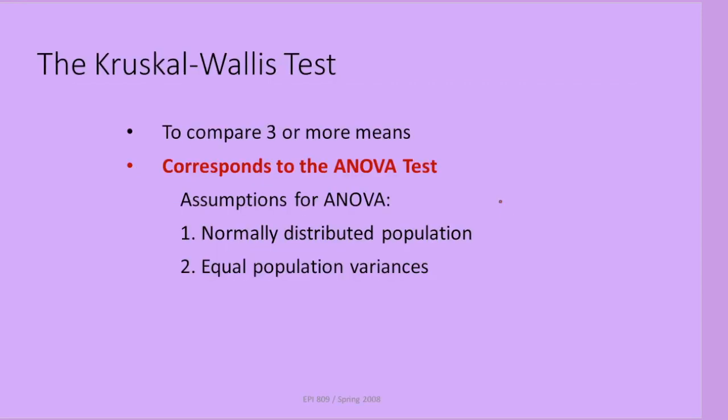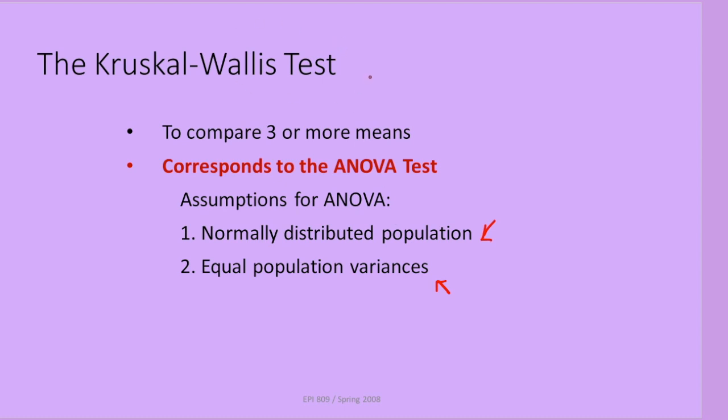Class, if you still remember, the assumptions for the One-Way ANOVA test is that the population should be normally distributed and also that the population has equal variances. Now, if either one or both of the assumptions for ANOVA is not satisfied, then we would be using the non-parametric Kruskal-Wallis test.